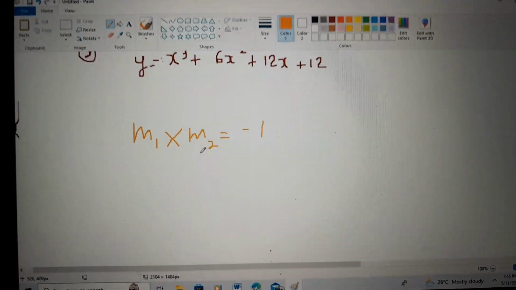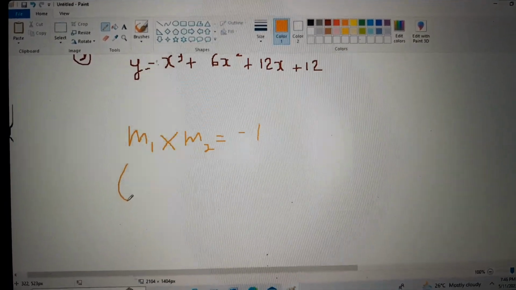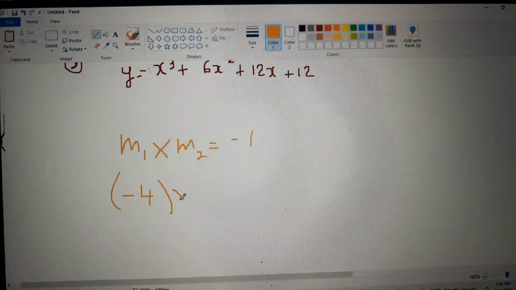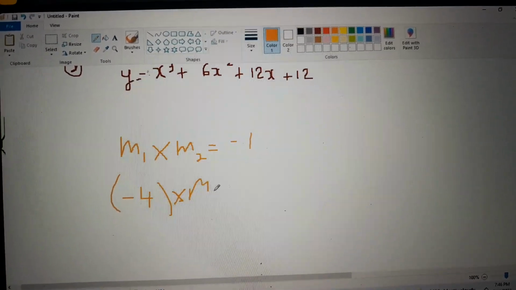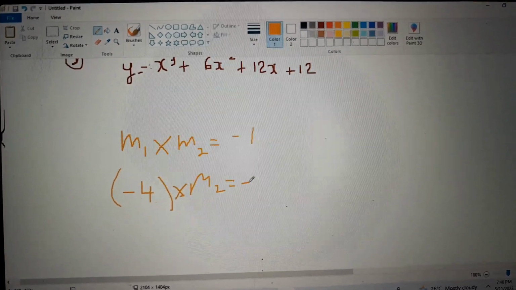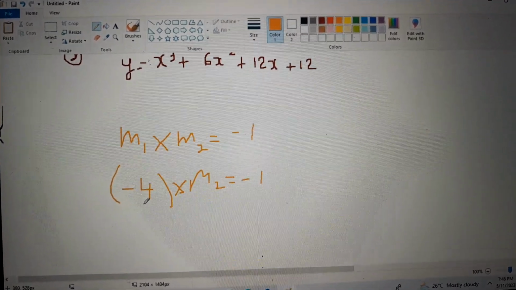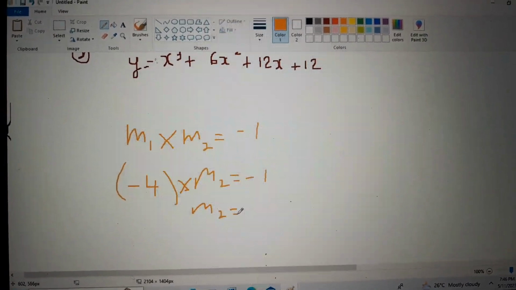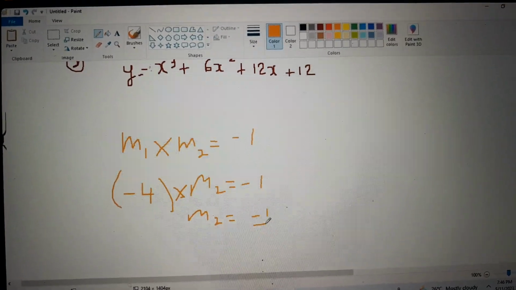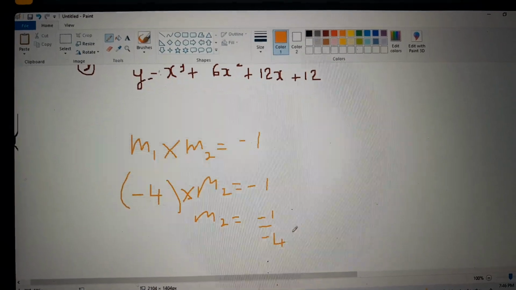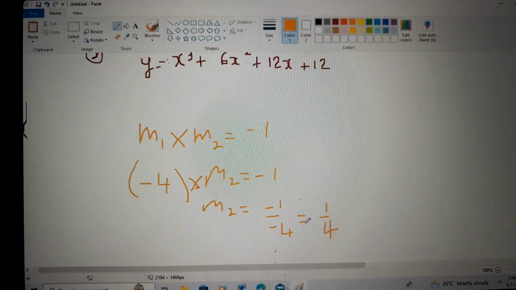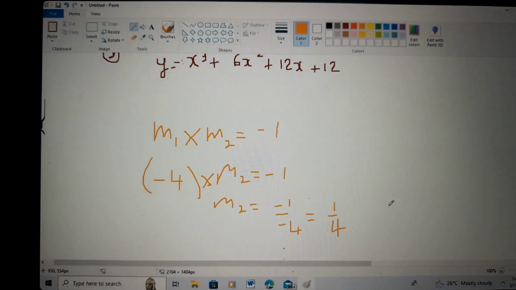Right? So if the tangent has a gradient of -4, then we can use this formula to find the gradient of the normal. If I'm multiplying by -4 here, then M2, the gradient of the normal, would be -1 divided by -4, which would give me a quarter. Is that clear with everyone?